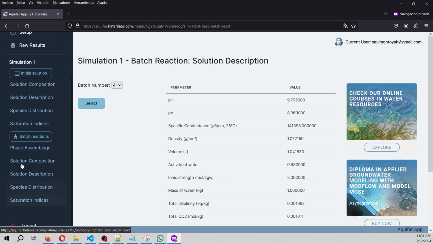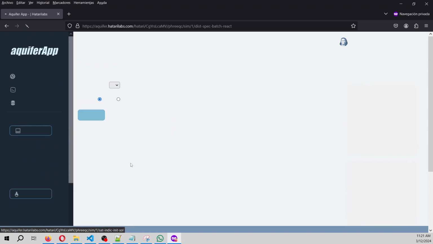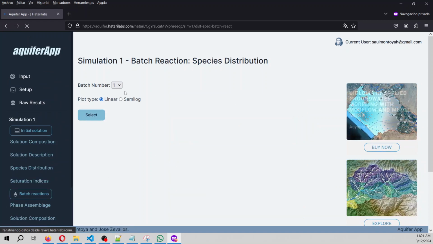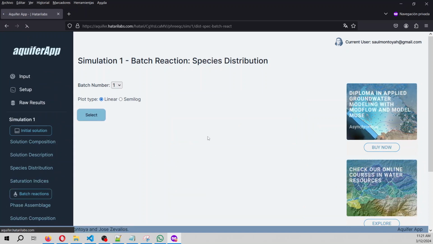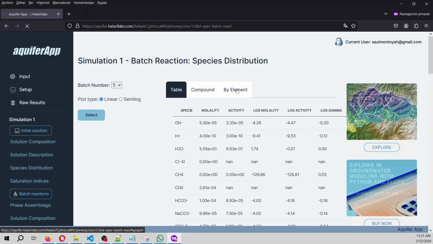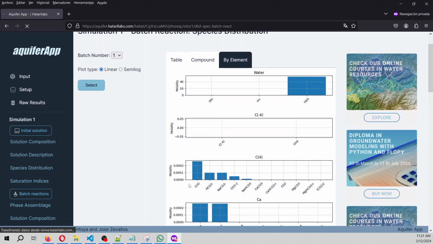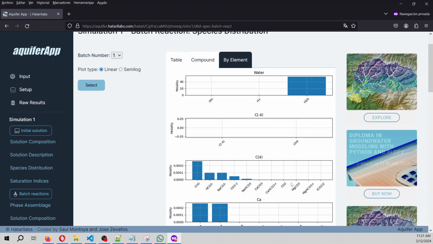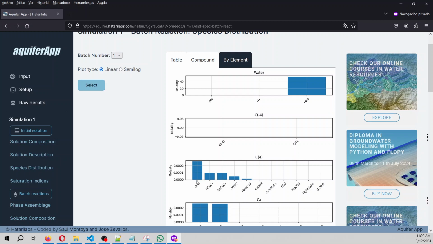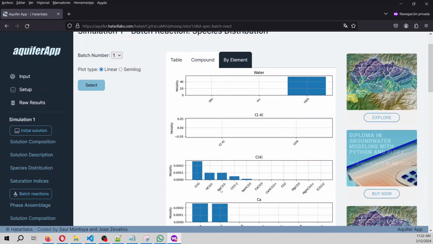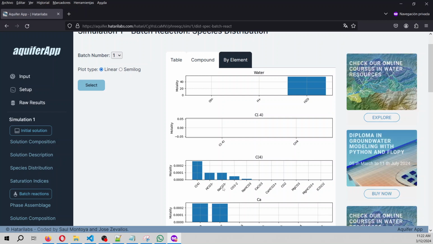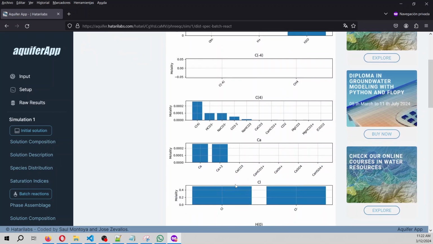On the species distribution, for the first reaction, we see that the carbon that was mainly CO2 is no longer CO2. It is dissolved carbon, or bicarbonate, or sodium carbonate or something like that.